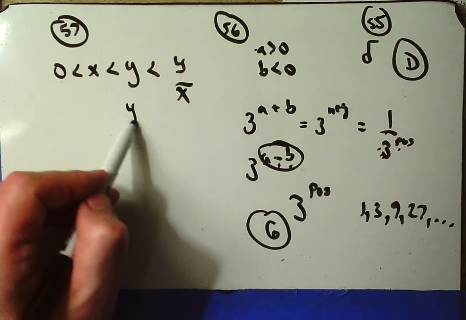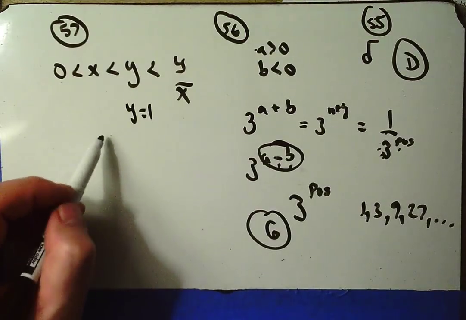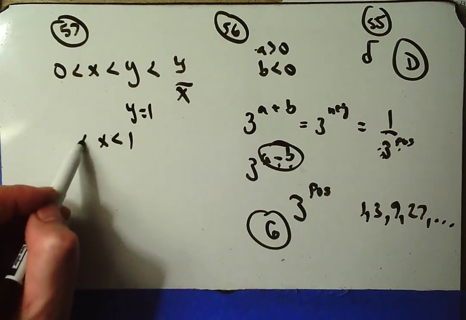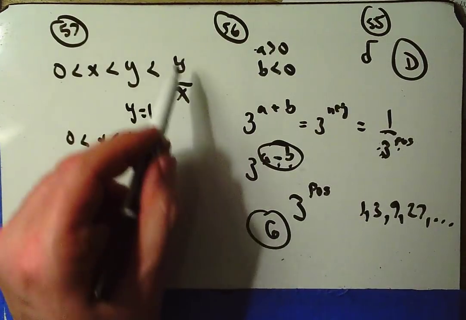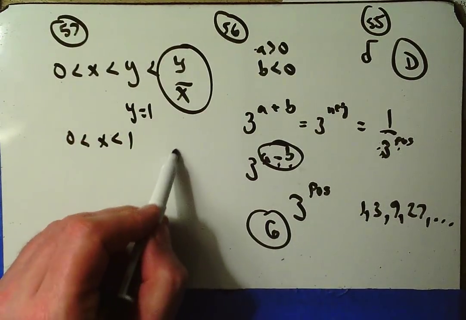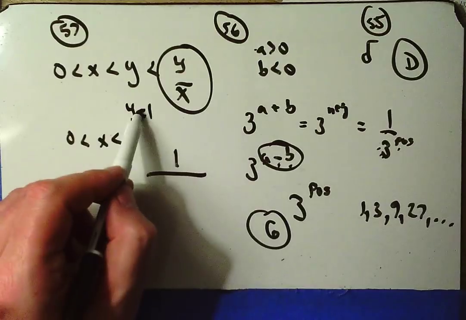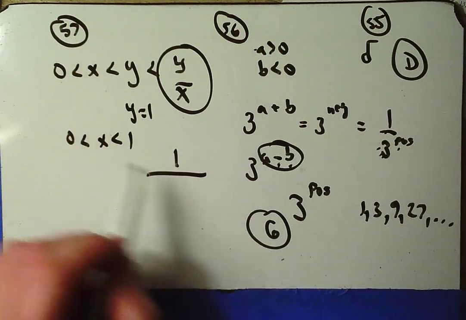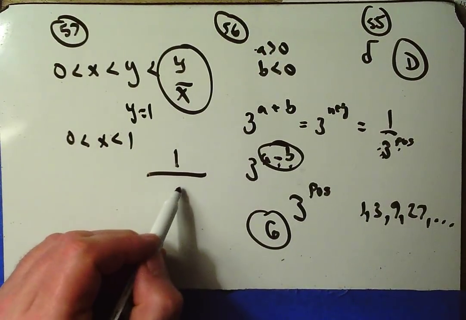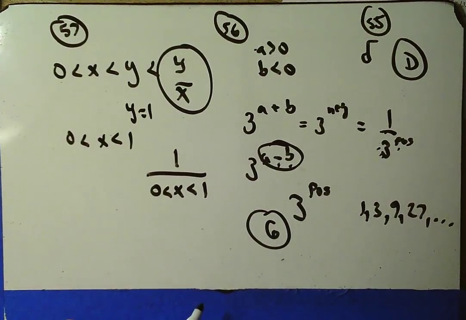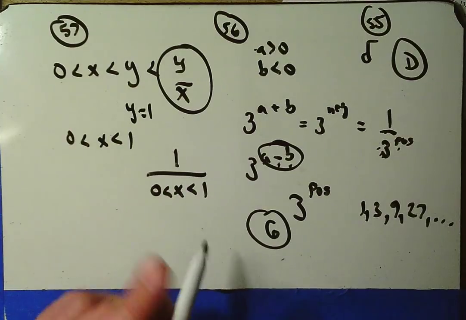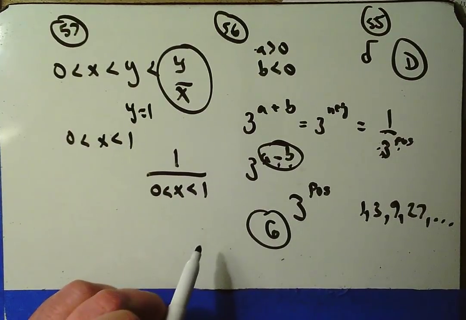So if y equals 1, then x is between 0 and 1. Okay, good so far? Maybe, maybe not.